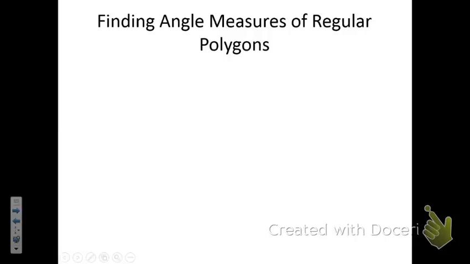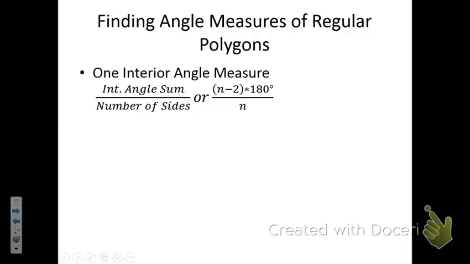So we also have a formula that we can use to help us do that for any other type of polygon. We take the interior angle sum, n minus 2 times 180, and divide that by the number of sides, or n. We can also do the same for an exterior angle. So if I want to find one interior angle measure, interior angle sum, n minus 2 times 180, divide that by the number of sides.